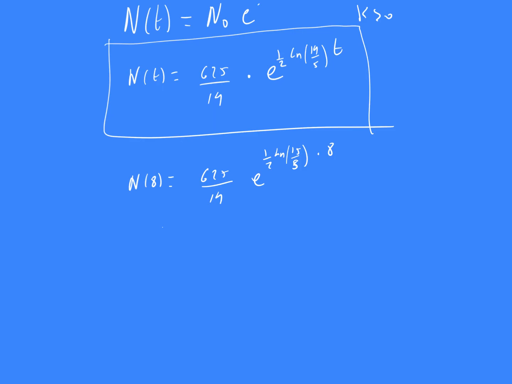As a result, the number of bacteria will grow. What it means that the growth is exponential is you start at a certain amount N0. In this case, N0 is 625 divided by 14. In the first second or per hour, the amount grows by a certain amount.